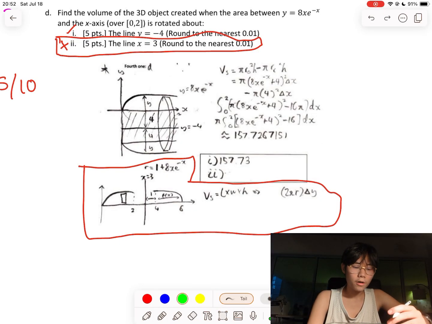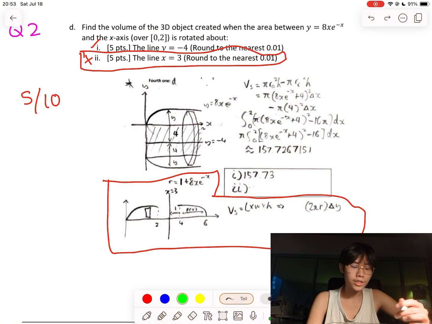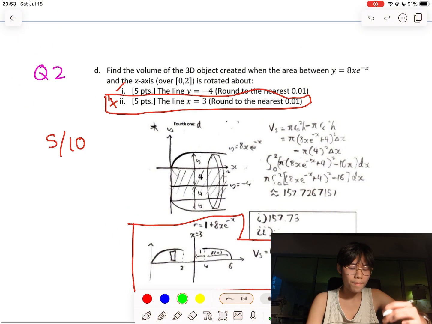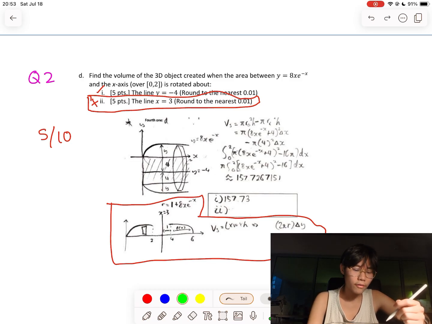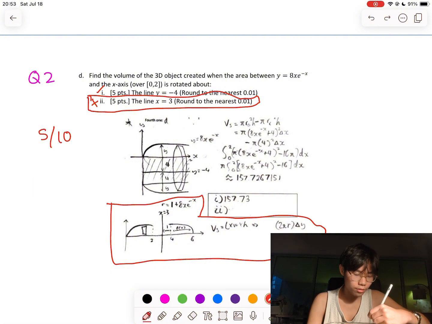So, welcome to my second correction question. And so the parts I made a box with in red is the parts I'm focusing on. I got part 1 correct, but I completely missed part 2, lost all 5 marks of it, and it's basically a shell method question.